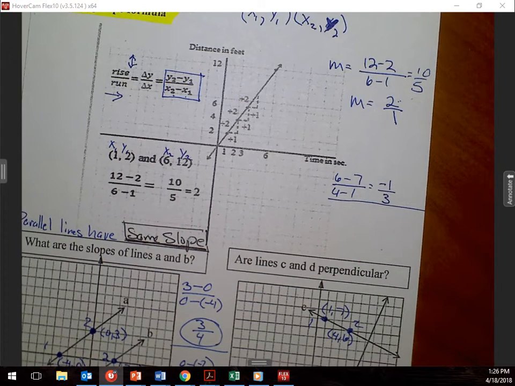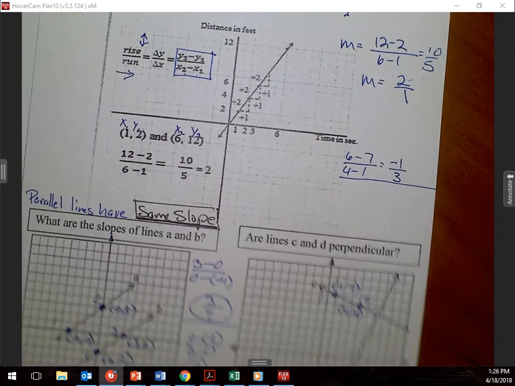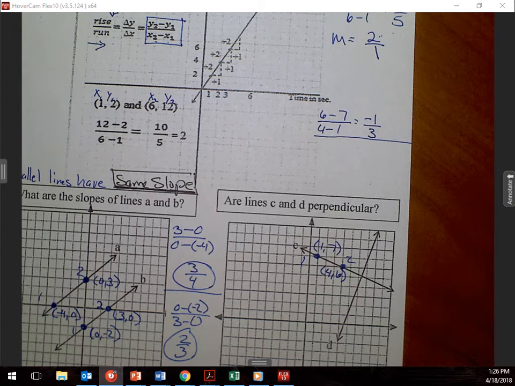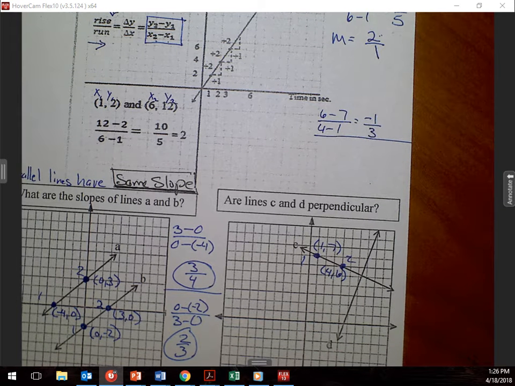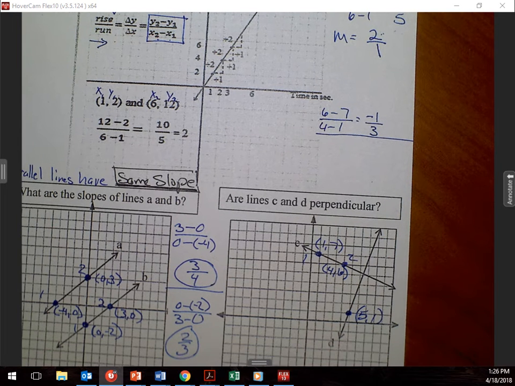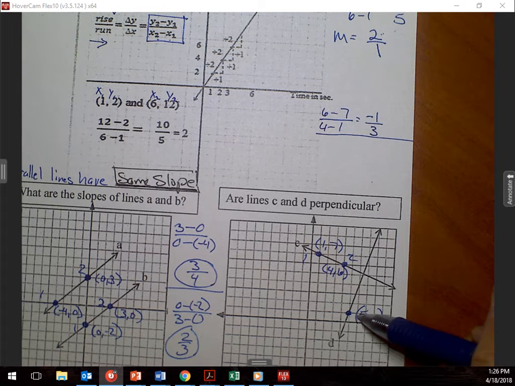Okay, so now let's do it again for line D. So for line D, I've got to find a couple good points. 5, 1. What's another point? What about 6, 4? 6. 1, 2, 3, 4.